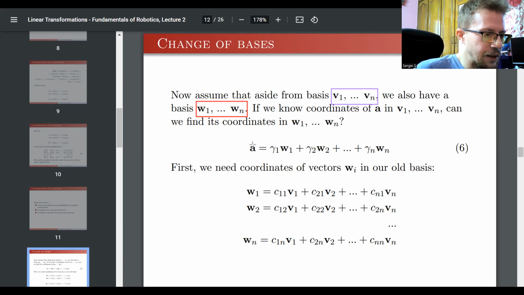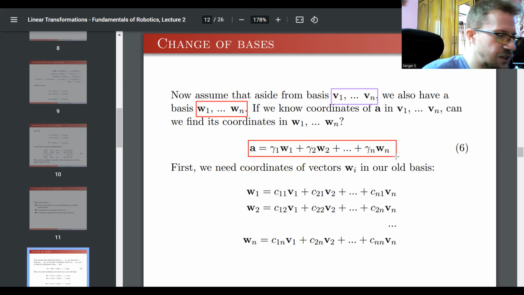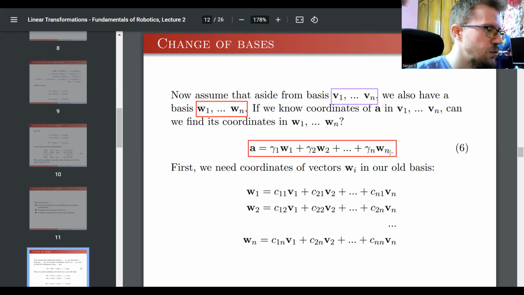So let's say that A in the second basis has this representation: gamma 1 omega 1, gamma 2 omega 2, gamma n omega n. Now, what we want is to find gamma 1, gamma 2, gamma n in terms of the coordinates of A in V1, V2, Vn, so the alphas.